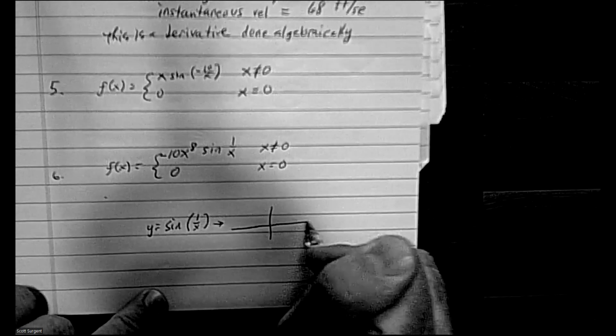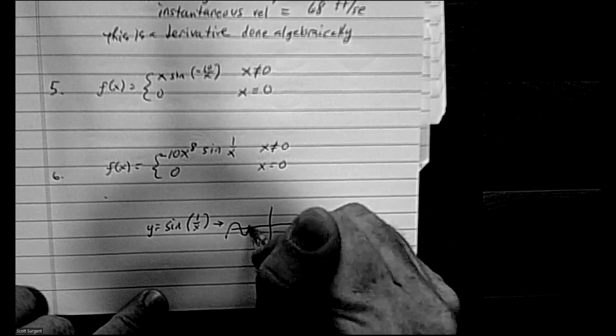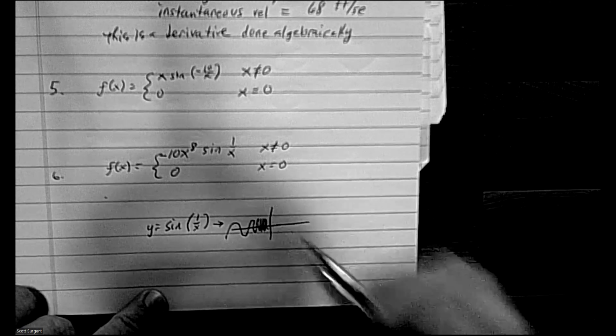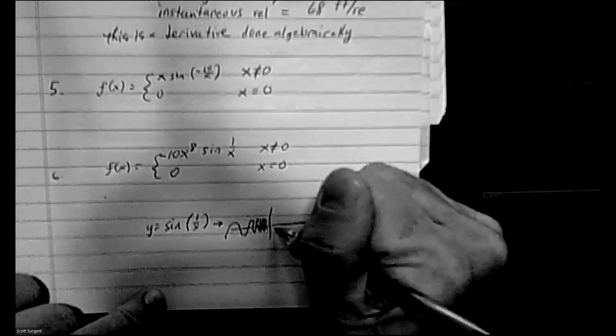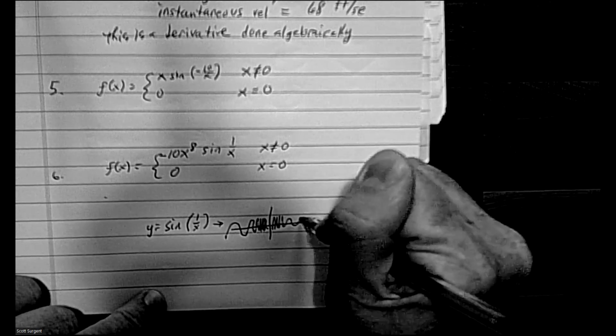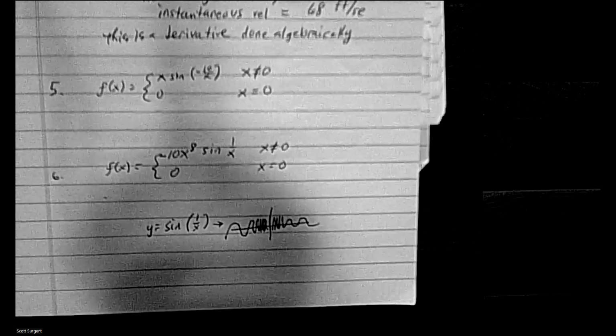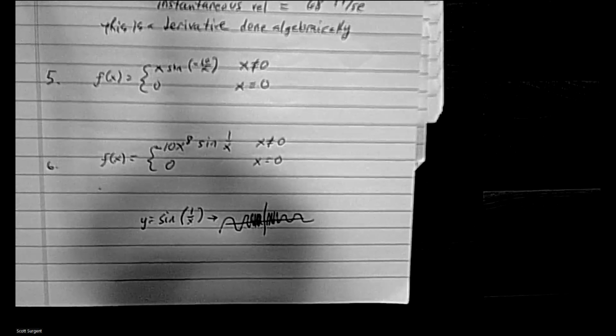It looks something like this. It's a nice sine wave, and then it starts to get crazy like that. Similarly on the right side, it gets crazy before spreading out. It's a bizarre function.